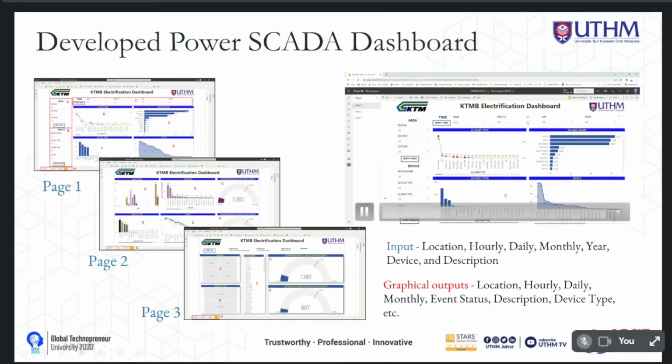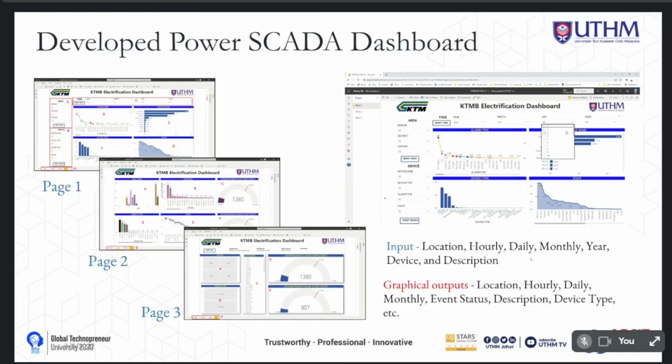For example, in this video, if we choose a specific month, the data will display accordingly. So it is easy to monitor and visualize. And later on, it is easy to do maintenance services, either active maintenance or predictive maintenance.